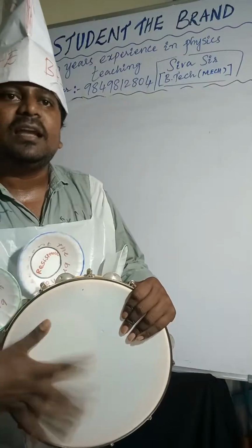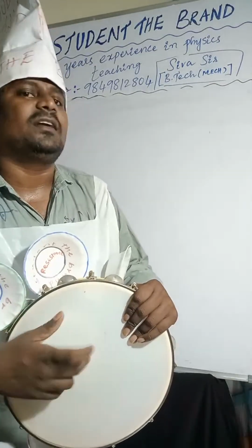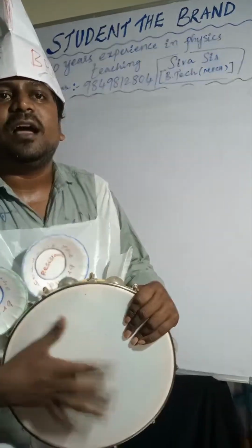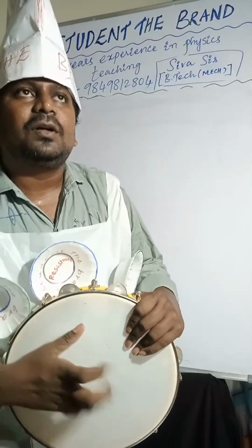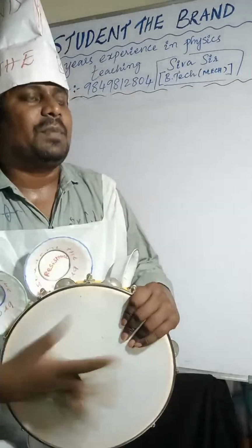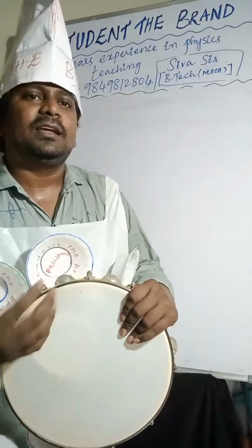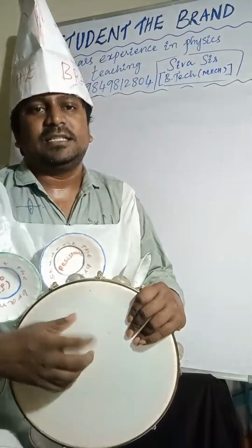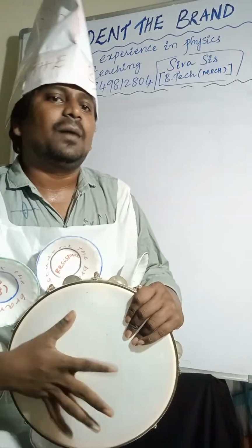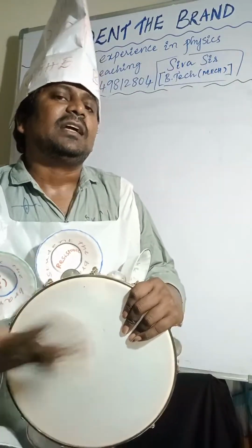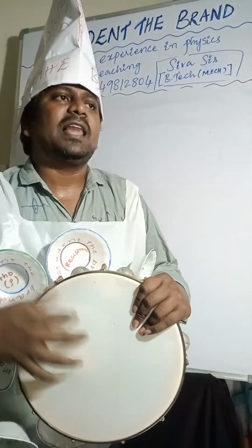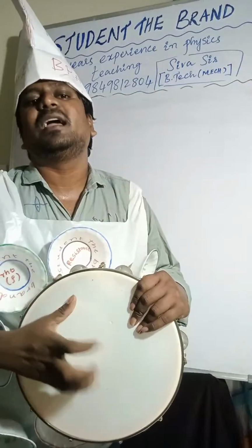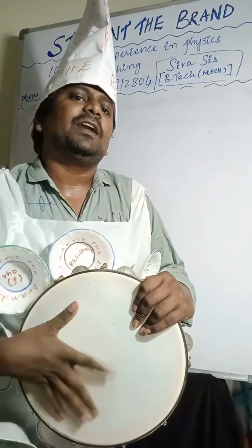New Cartesian sign convention. New Cartesian sign convention. All distance measured from the pole. Distance are positive along the instant trace. Distance are negative opposite to instant trace. Distance are positive above the principal axis. Distance are negative below the principal axis.